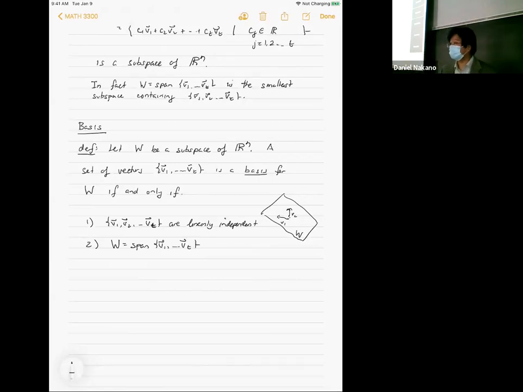Okay, so we want the vectors to generate all of W. But what we want to do is make sure that we don't have any redundancies. Okay? So in some ways, you have these two ideas of linear independence and spanning. They're pulling against each other in opposite directions. And the basis is the point at which you balance the two out. And later on, we'll explain that in more detail. Okay, any questions on this concept?